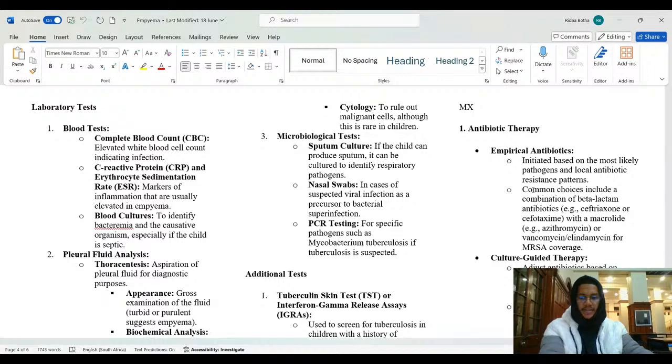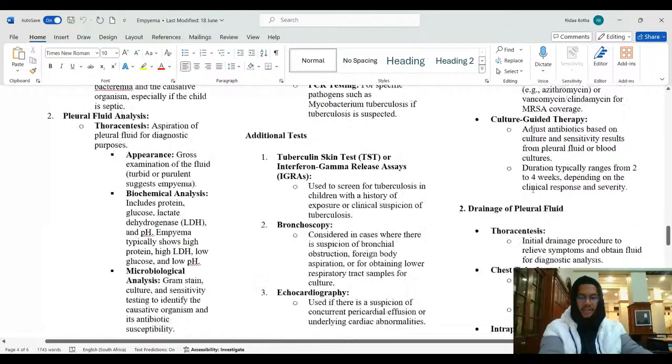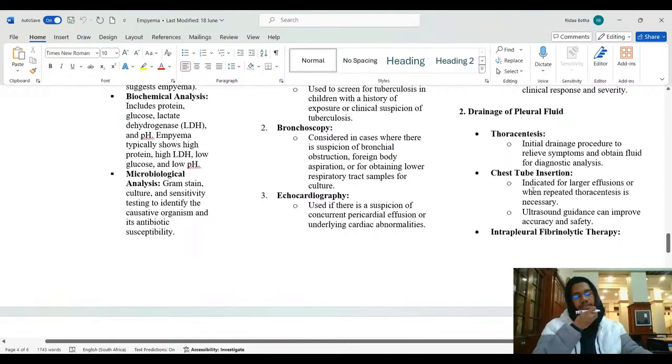You can have culture-guided antibiotics, that's important. But if you don't get a culture, you must still initiate antibiotic therapy.